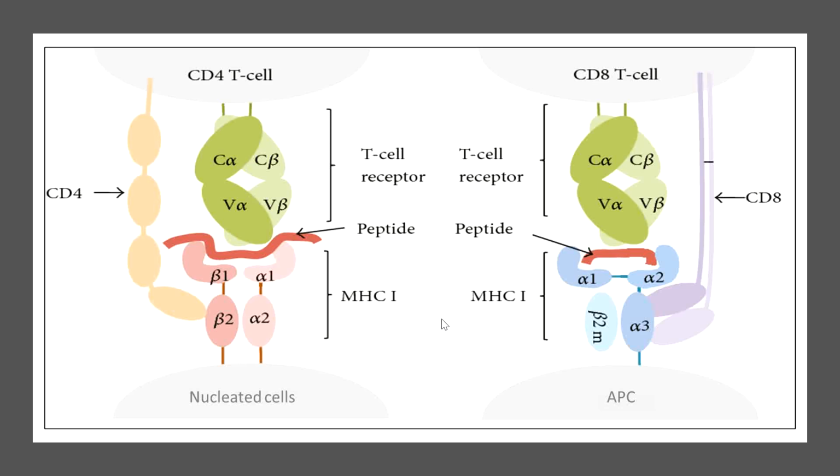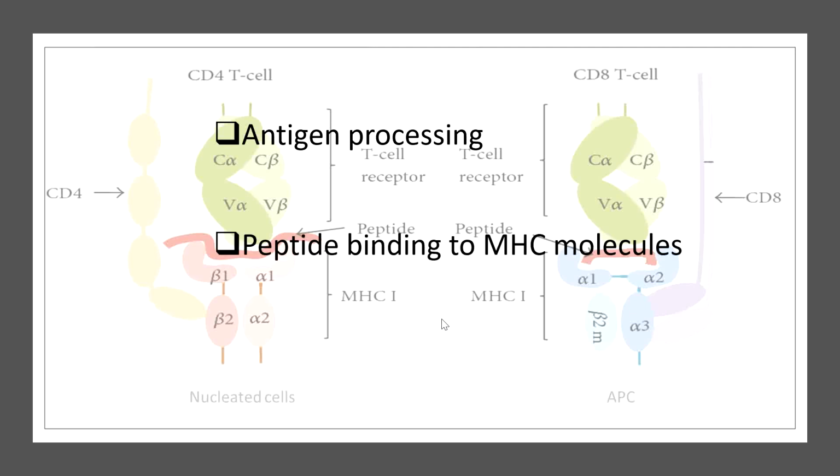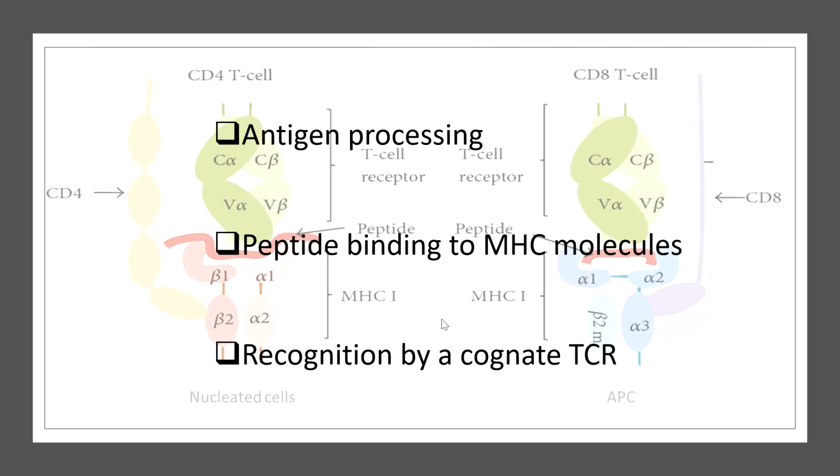There are many distinct peptides within antigens, and T cell prediction methods aim to identify those that are immunogenic in nature. Now, the T cell epitope immunogenicity is contingent on 3 basic steps. What are those? Antigen processing is the first step. The second step consists of peptide binding to MHC molecules, and the third one is the recognition by a cognate T cell receptor molecule. So this is the basic process of recognition of this particular antigen and stimulation of these T cells, which requires these 3 basic steps.